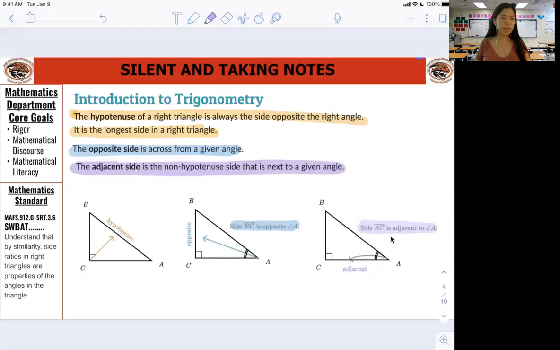About 30 seconds left. All right, does anybody still need any time to copy down what's on this slide?